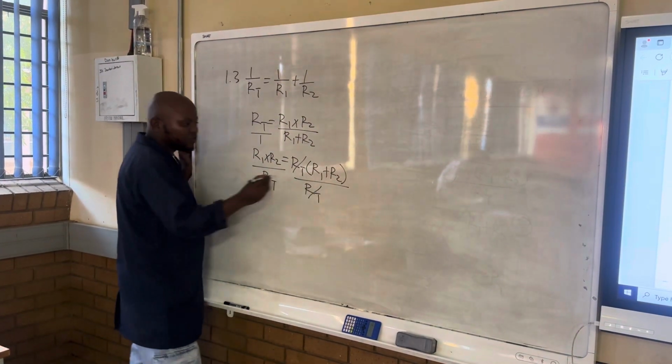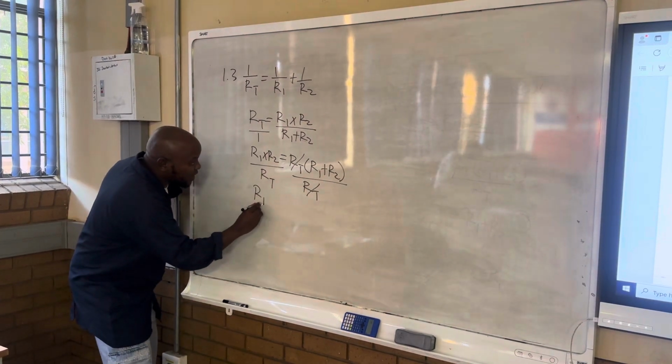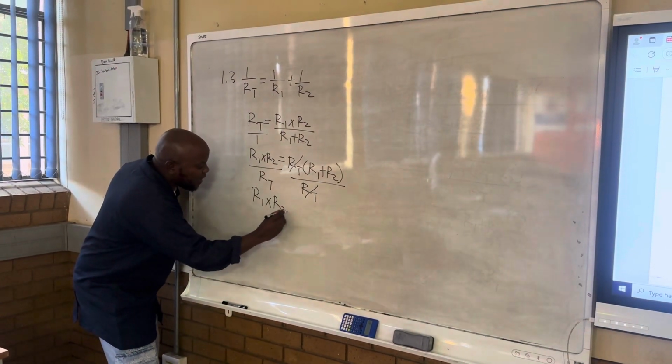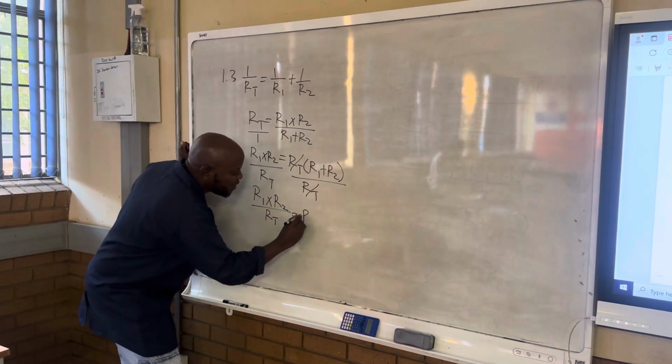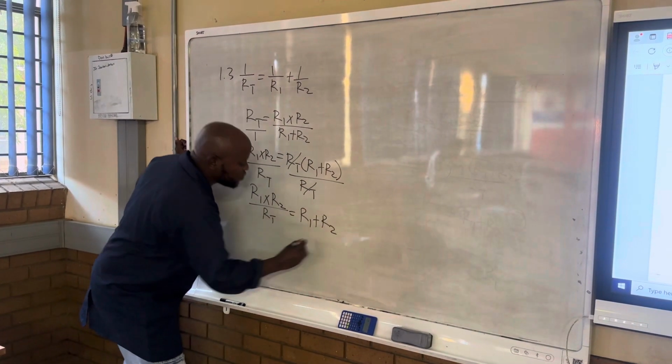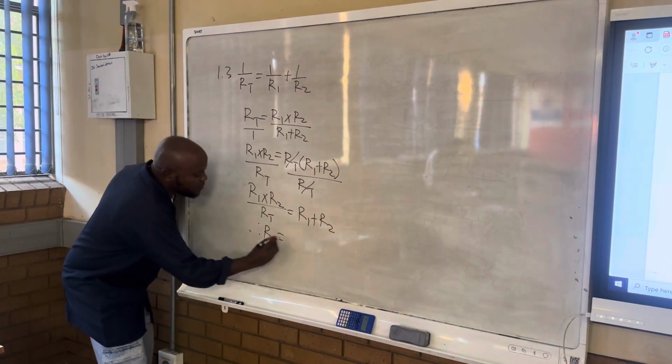R total and R total divide each other, so we'll be left with R1 multiplied by R2 divided by R total is equal to R1 plus R2.